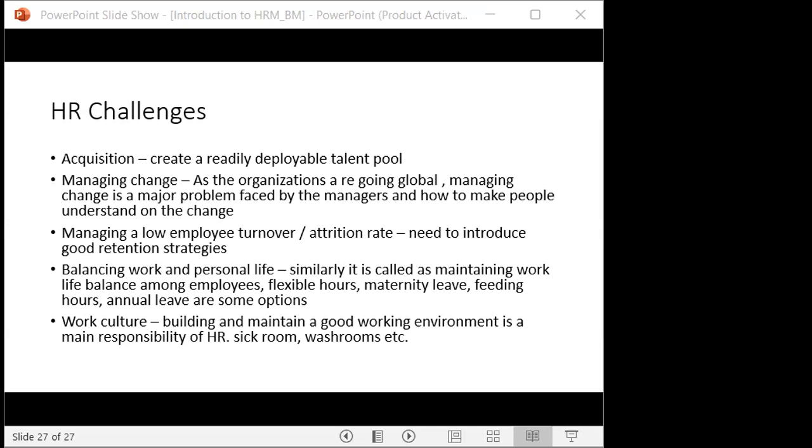So creating a healthy working environment or working culture is again a challenge for HR people. So those are some of the HR challenges that HR people face nowadays, right?